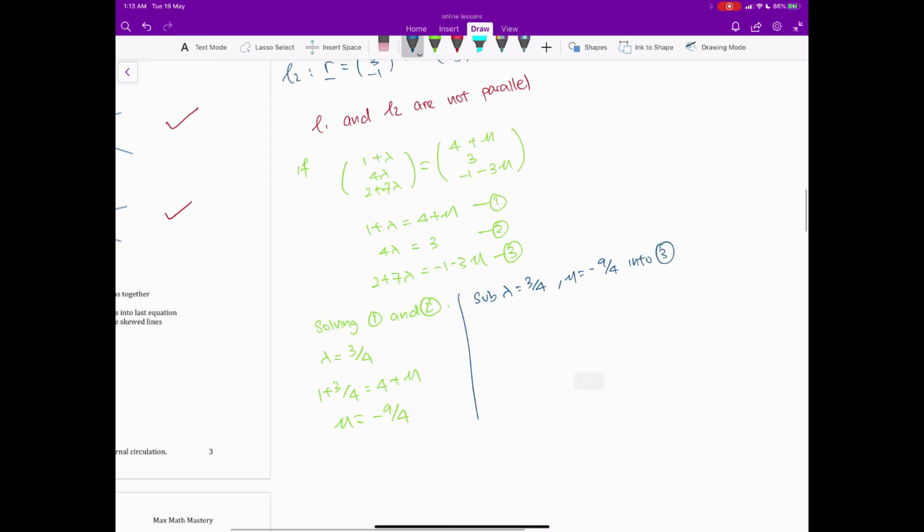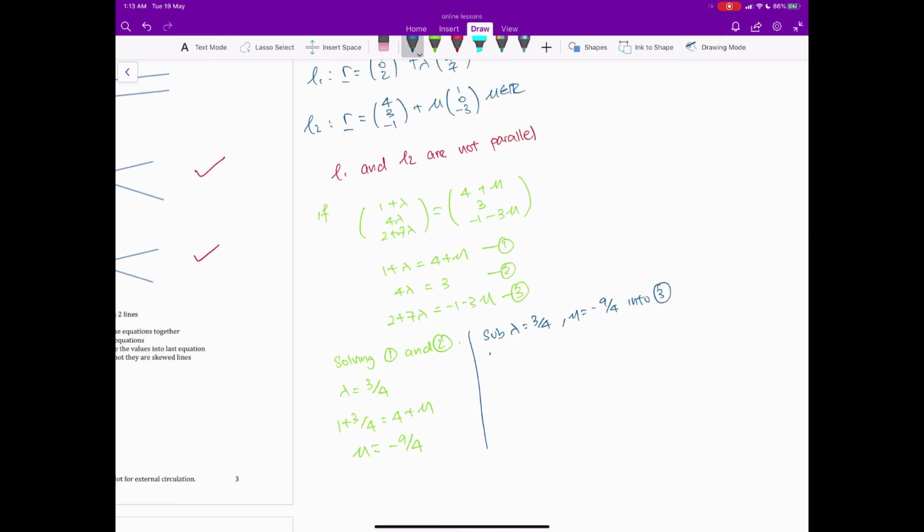I'm going to compare my left hand side and my right hand side here. The left hand side is equal to 2 + 7λ. So I'm going to sub in my λ value. This will give me 29/4. Then I'm going to quickly jump on to my right hand side, which is equal to -1 - 3μ. I'm going to sub in my value of -9/4.